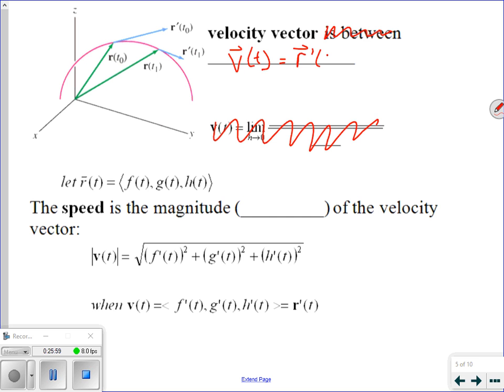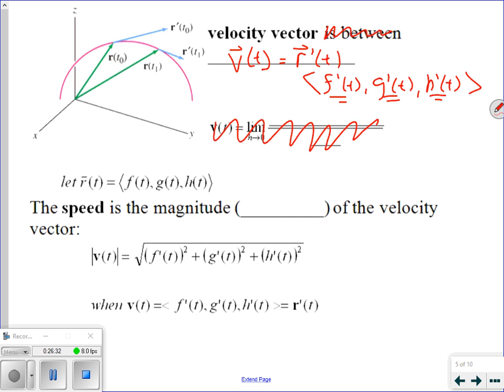It's the derivative of our function that we just talked about before. It's just a derivative of each of the components. So all it is, is f prime of t, g prime of t, and h prime of t. And that's it. Okay? It's probably the easiest thing in the world to compute because we don't have to do anything fancy with it. It's just three separate equations that we're going to take the derivative of.